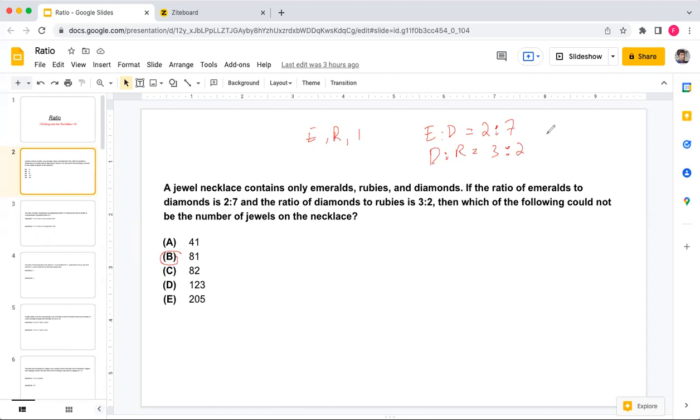So how can we combine these ratios, E ratio D ratio R? We have D common in both, so just take the LCM. LCM is 21. And how can we get 21 in the first ratio? If I multiply this with 3, this will become 6 ratio 21. And for the second one, if I multiply this with 7, this will be 21 ratio 14.